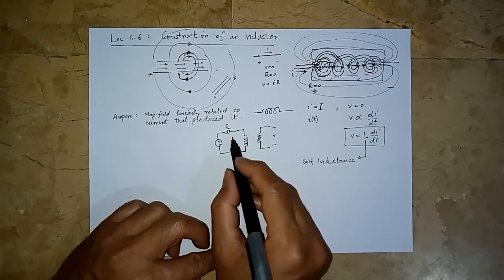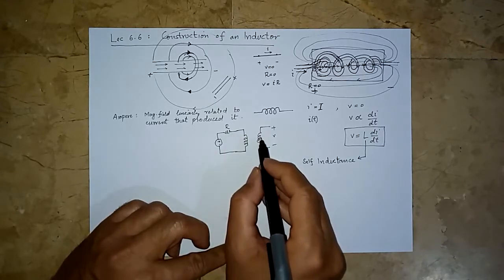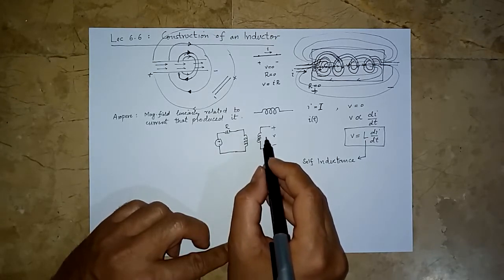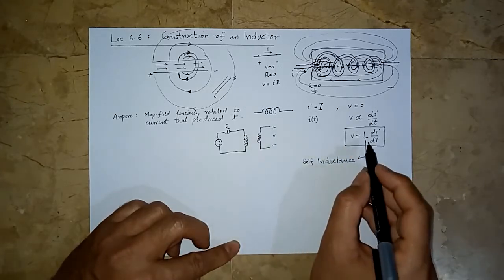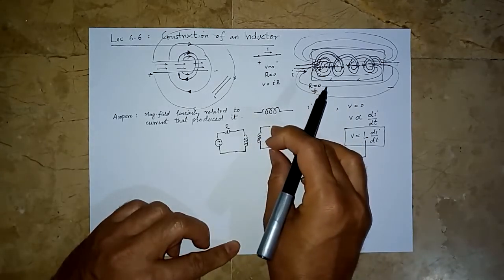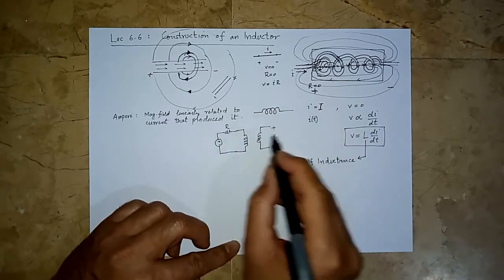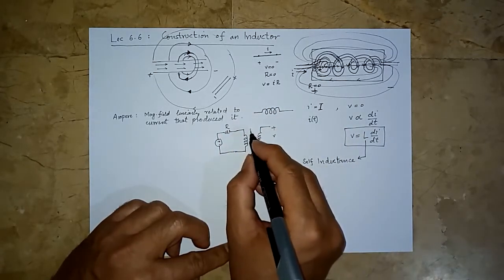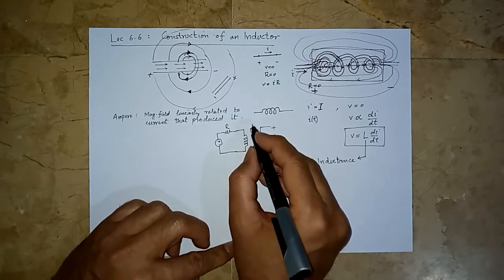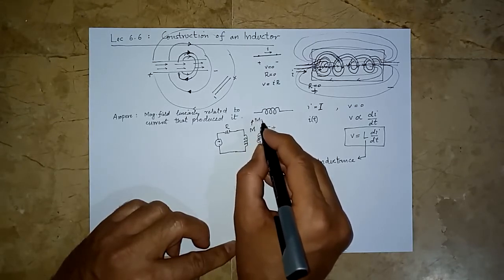The magnetic field is being created by this coil, and it's linking this one, and this voltage is going to be proportional to the rate of change of this current, and the proportionality constant there is going to be called M, that is known as mutual inductance.